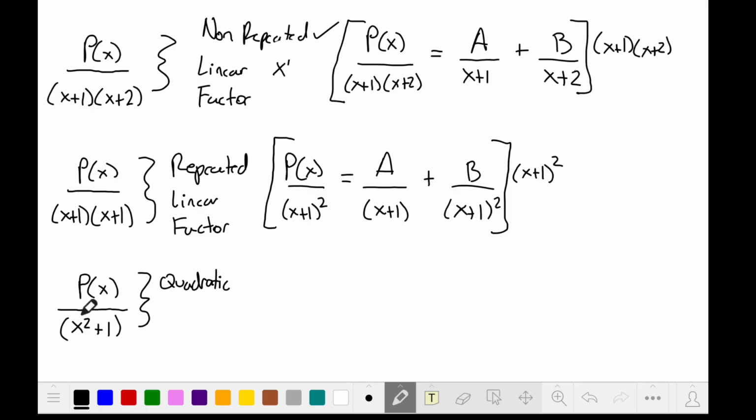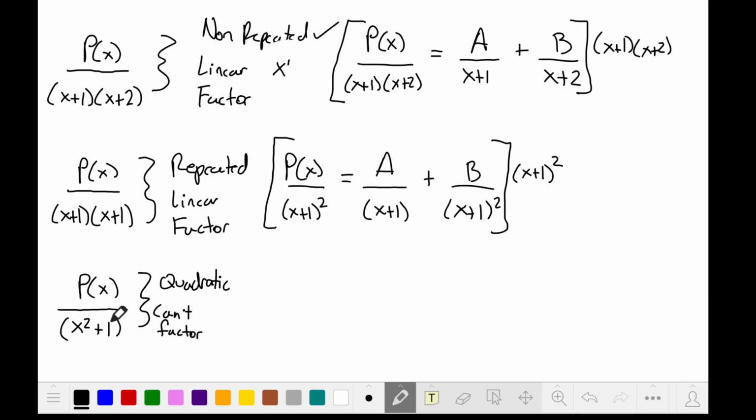It's not linear because the highest power of x is 2, and we can't factor it. There is no way to factor x squared plus 1 without using imaginary numbers. And the moment we start using imaginary numbers, the moment we start getting the square roots of negative numbers, we're stuck. Well, I mean, we can do stuff, but not at this level. That's imaginary numbers. We're not doing that.